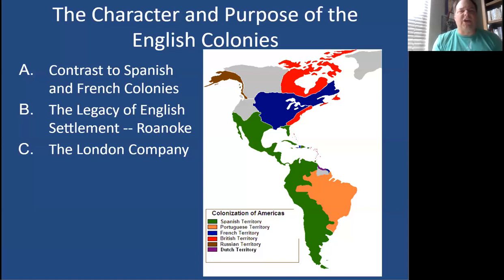What does all this have to do with Jamestown? Well, we need to understand, first of all, the English colonies were different from either the Spanish model of their hierarchy and missions established with Indians, or the French model of trading posts and getting involved in Indian wars. The English colonies were very different because they were, at least initially, established by companies with very little involvement from the king.